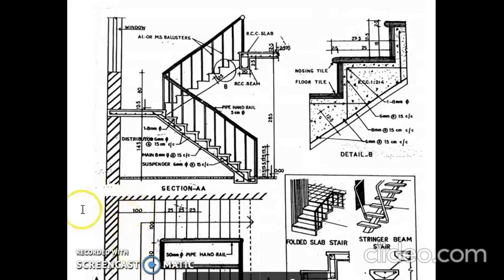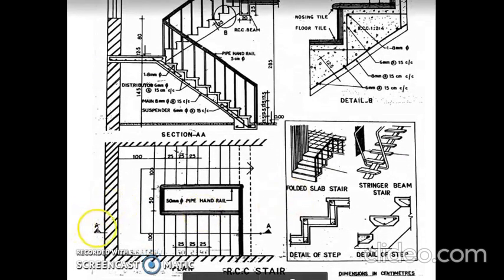Next we have to draw the elevation or the sectional part. So we have to draw the section line first. First you draw this section line through this first flight, and here the section line cuts the first flight, so the section part is shown here in this first flight, so the reinforcement details can be seen in this portion.